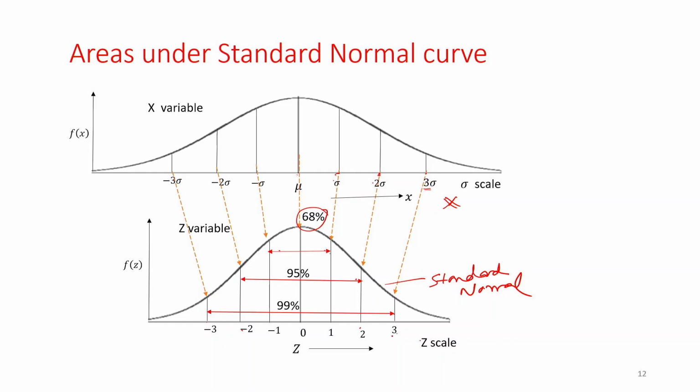Because 3 sigma is equivalent to 3 in the Z scale, this whole area is going to be 99%, or 95%, or 68%, as the case may be. You will find in many books that they have given the area for plus minus 2 sigma: the area is going to be 95% for this curve also.